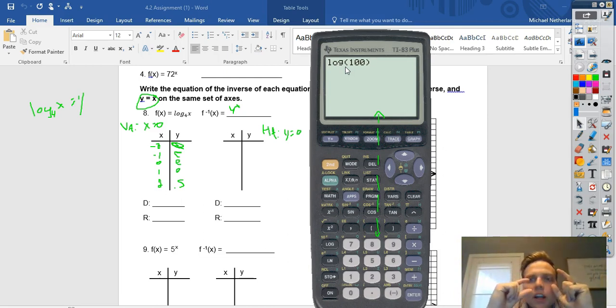The calculator is going to look at your base, which is 10, and ask itself, 10 raised to what number is 100? And that answer is 2. So that's what this question is doing: log base 10 of 100, 10 raised to what number is 100? And that is 2.